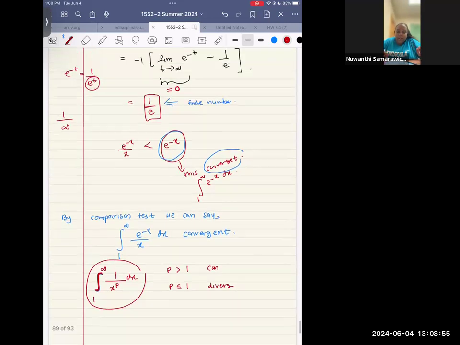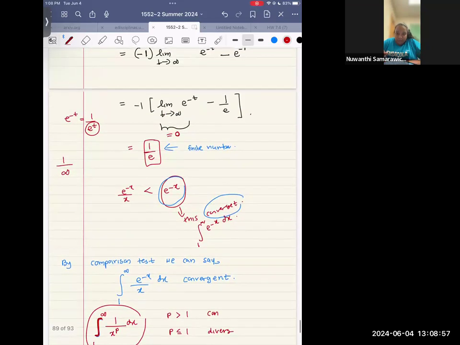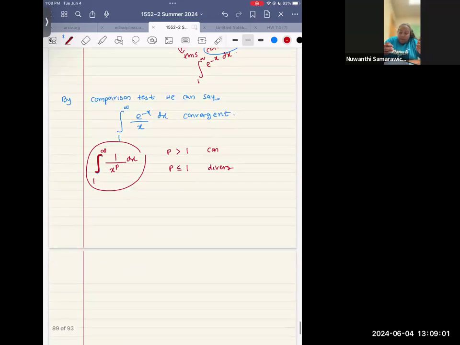So here in this question, we can't use 1 over x. How do we know which one is greater? It's a question mark, right? We don't know which one is greater, because this graph is changing.